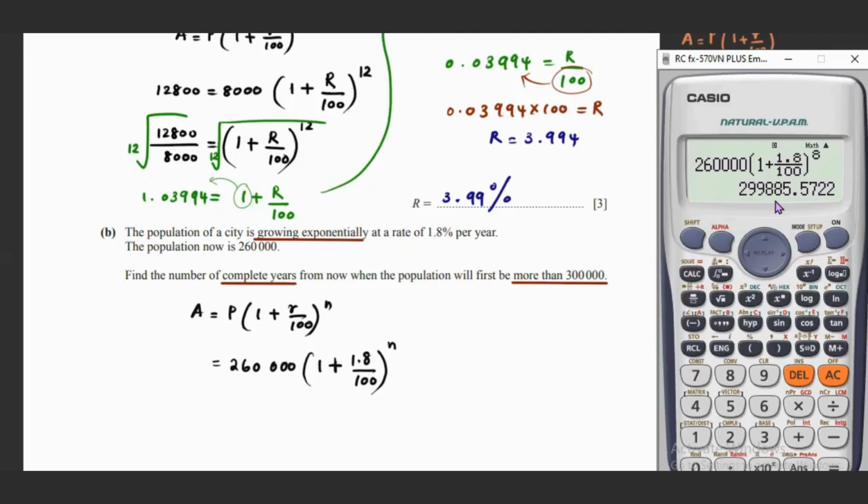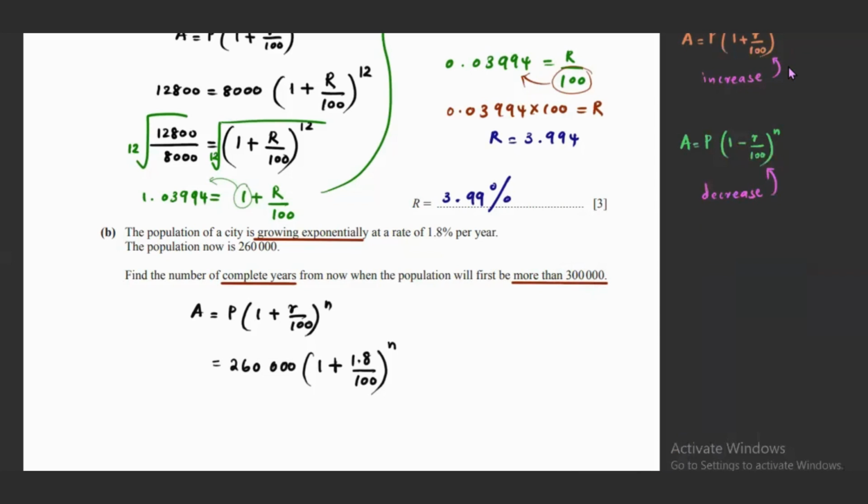And in the question, it clearly states that we need to find the number of complete years. That's the reason why we substitute the value of n with whole numbers, which means I can now substitute 9 and see what we get. So when I substitute 9 here, that is when it first goes beyond 300,000, which means the value of n should be equal to 9 years.